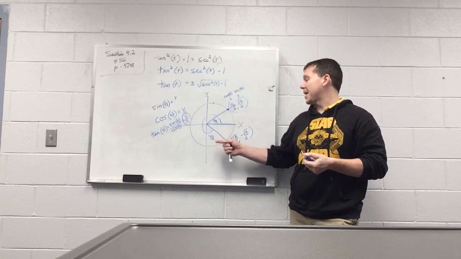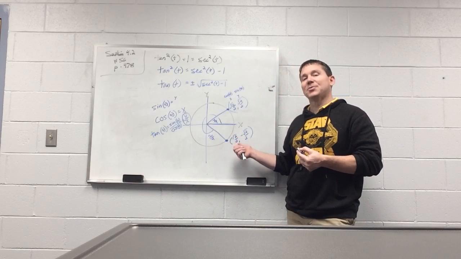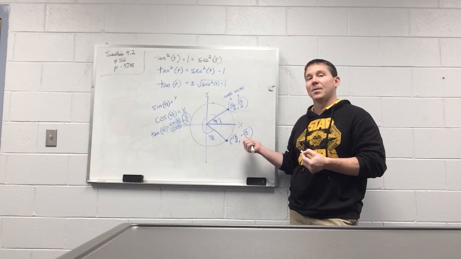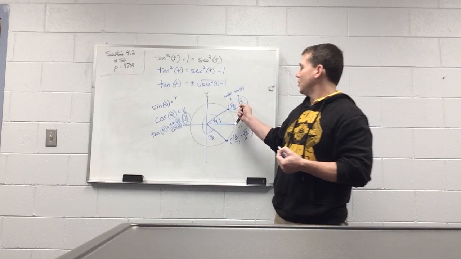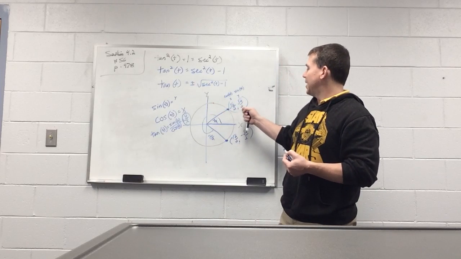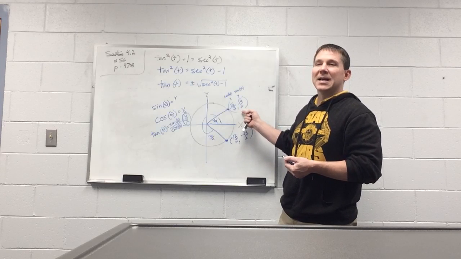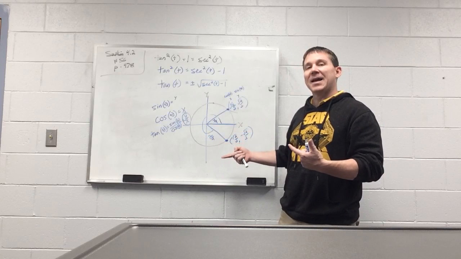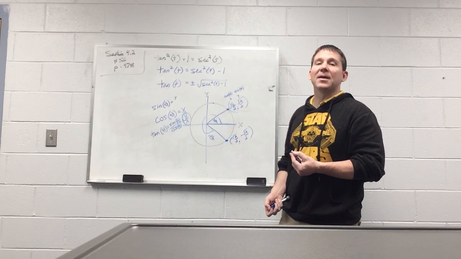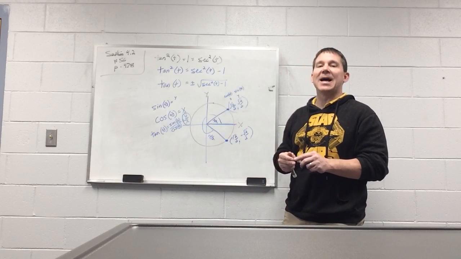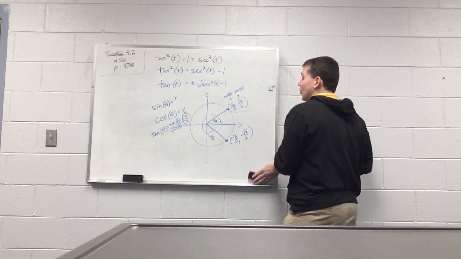Which means for 7 pi over 4, the cosine is root 2 over 2, the sine is negative root 2 over 2. All we're really doing is looking at this first quadrant, figuring out the x and y coordinates, and then when I jump to different quadrants, I just say, is x positive or negative there? Is y positive or negative there? That dictates the sign of my trig function.